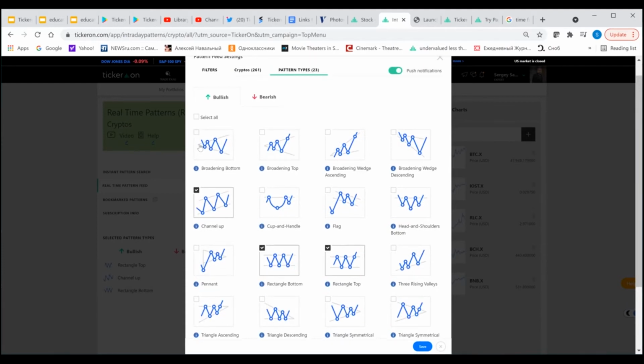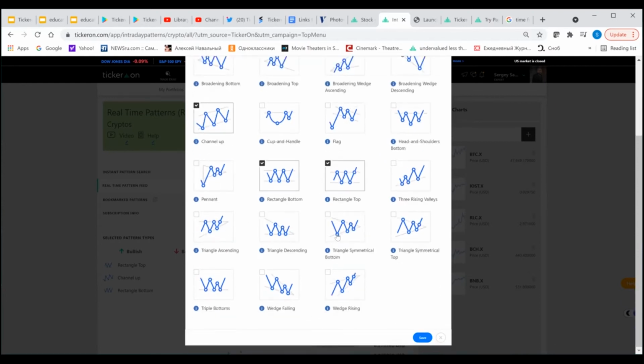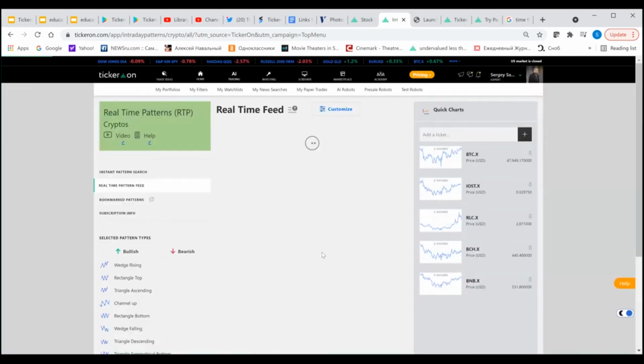Some people like consolidation, this type of triangles. You see this one, this one, this one. So when you click on one or all of them, they're going to look for this type of consolidations. Okay, so this is also consolidation. This is also consolidation. So you click save. And now it's going to be searching only for this type of patterns, okay? And then I'm going to show you what's going on exactly because it's real time.